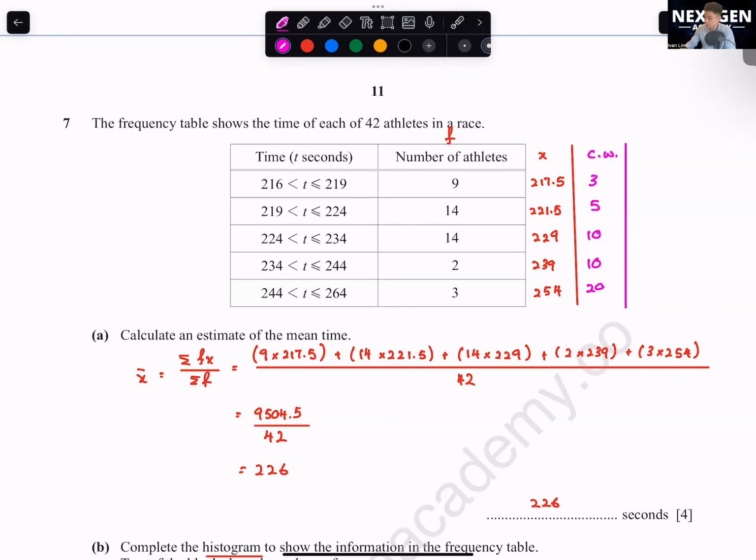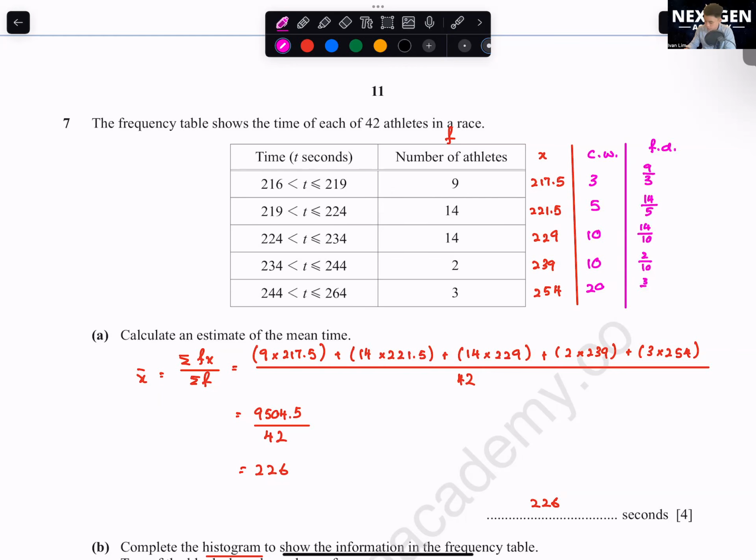And then frequency density, we are going to take 9 divided by 3. This one 14 over 5. 14 over 10. 2 over 10.